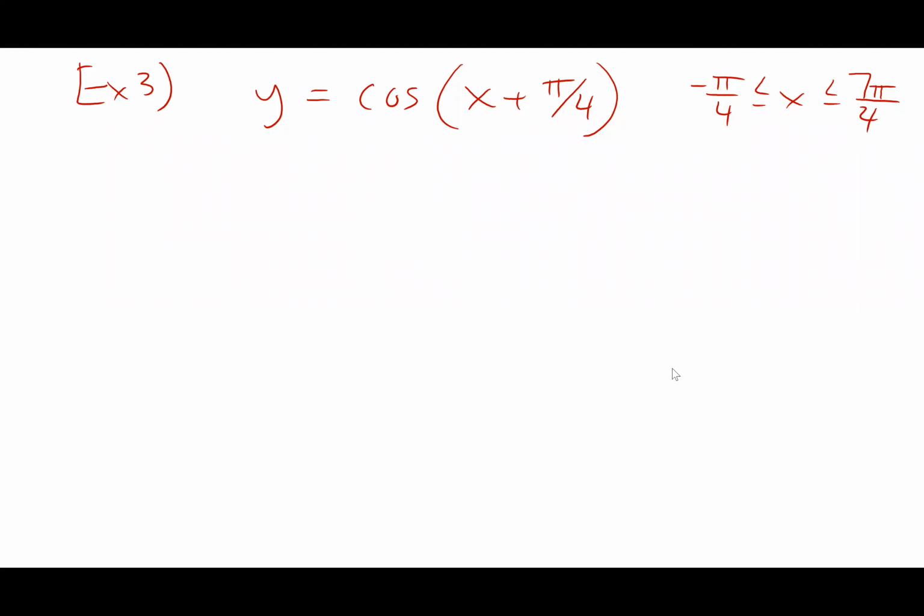All right, let me start it. Amplitude is 1, not really worried about that. Period is 2 pi, not worried about that. No reflection. Minimum, maximum stays the same. So we have ourselves, if you want to just write it over, PS for phase shift. Phase shift is a negative pi over 4.